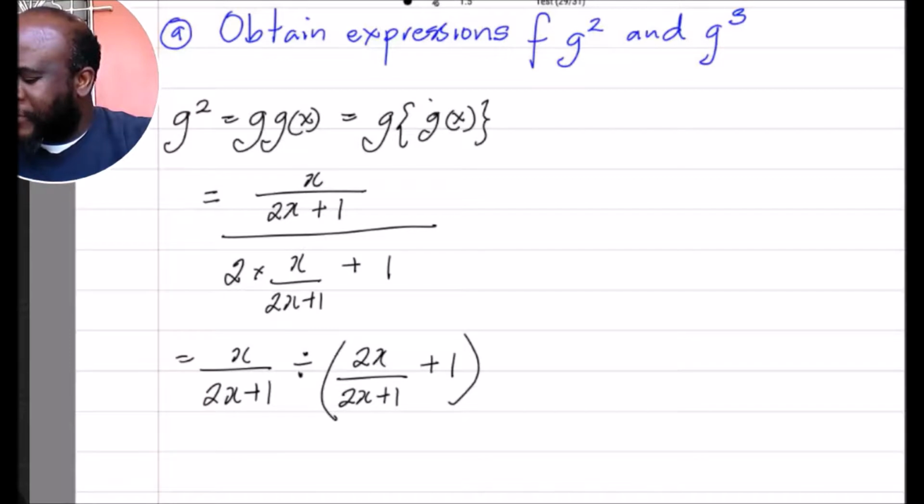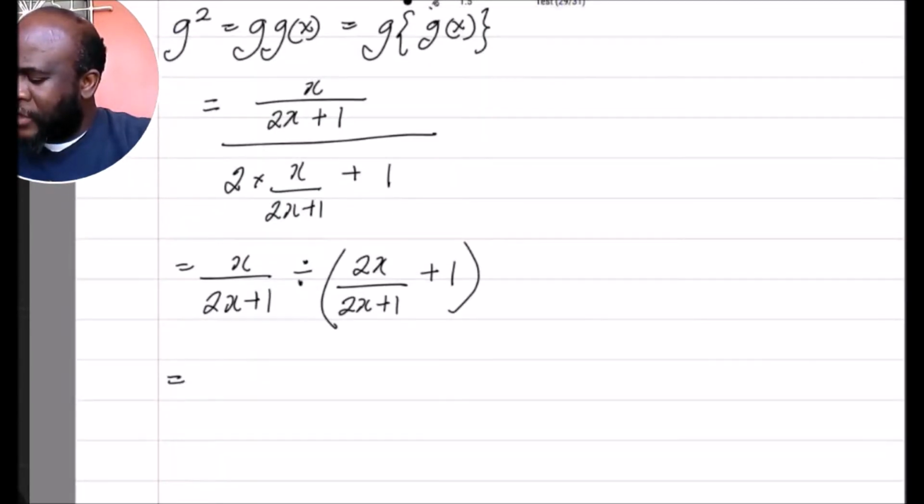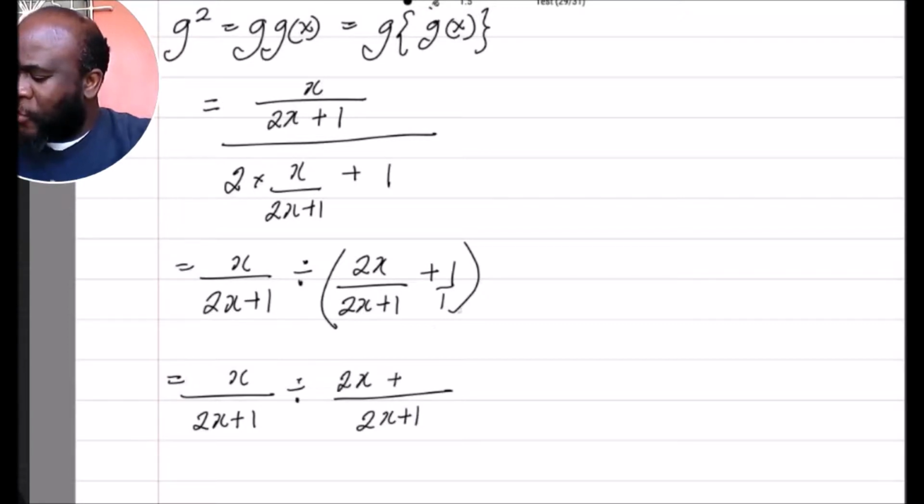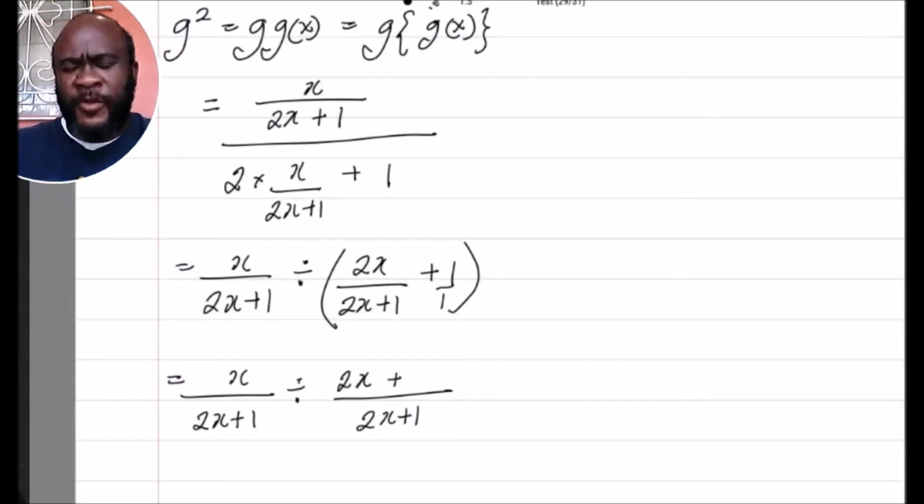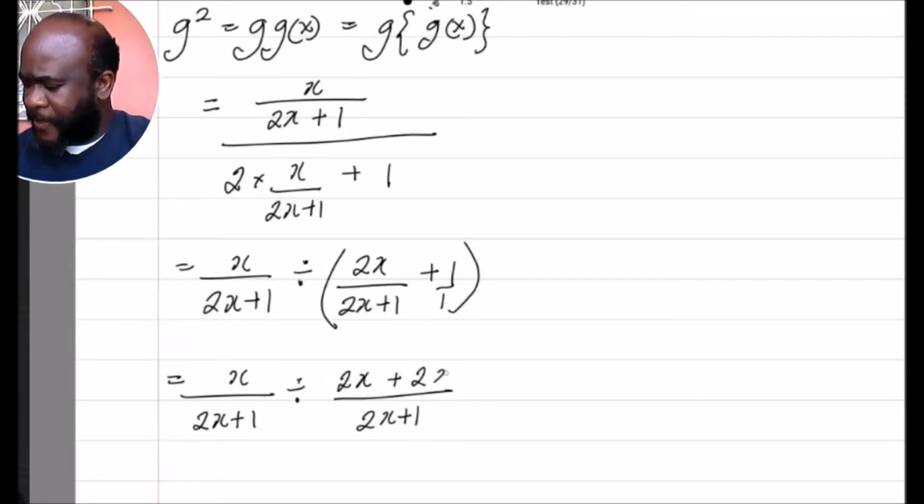So this is numerator divided by denominator. This is x over 2x plus 1 divided by, LCM is 2x plus 1. 2x plus 1 into 2x plus 1 is 1. 1 times 2x is 2x. 1 into 2x plus 1 is 2x plus 1.